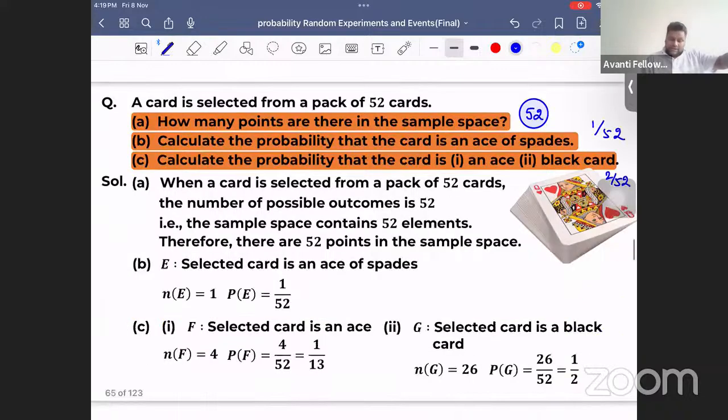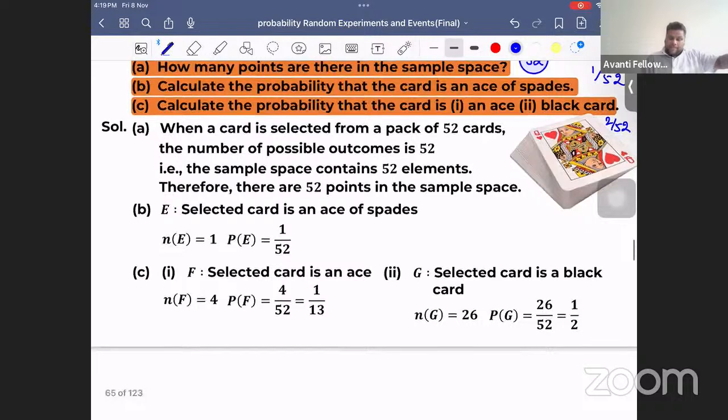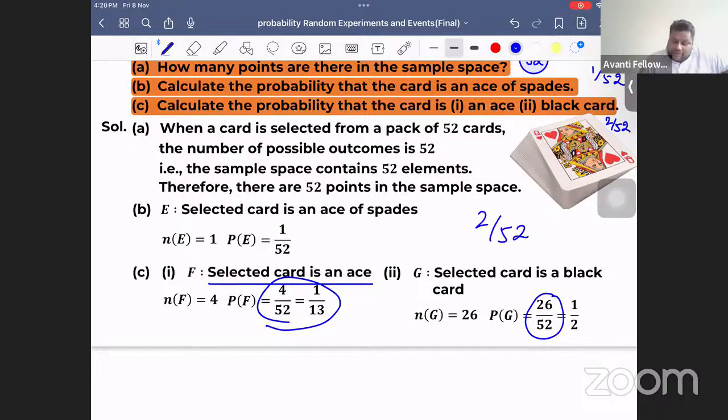Yes, if they ask separately, card is an ace, definitely it is 4 by 52. It is a black card, it is 26 by 52. But if the question is a black ace, then there are 2 cards only. The answer will be 2 by 52. Am I correct?